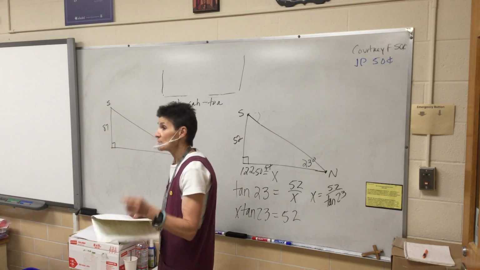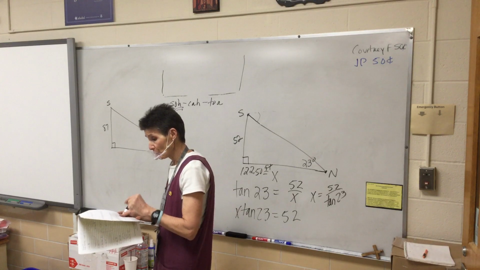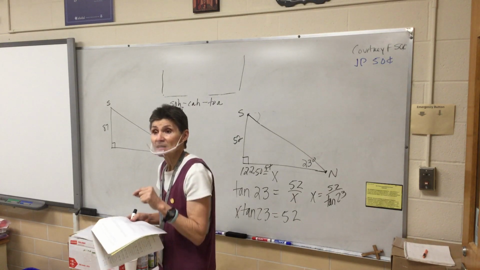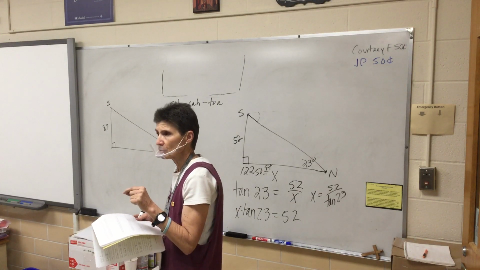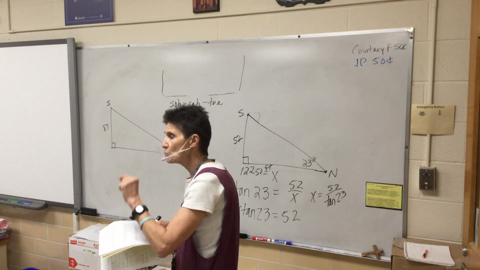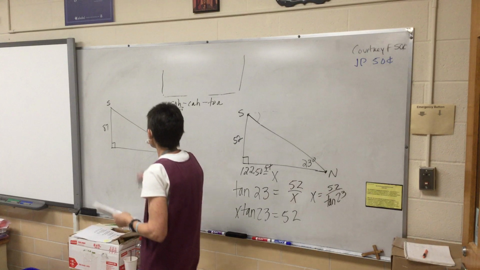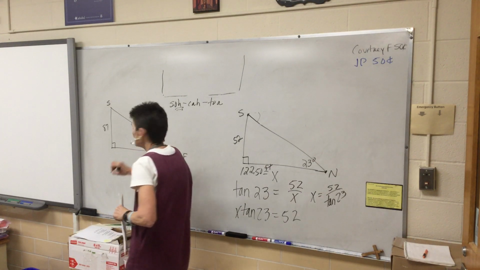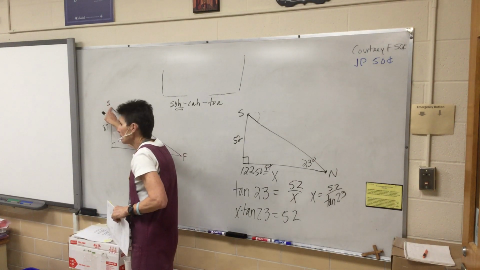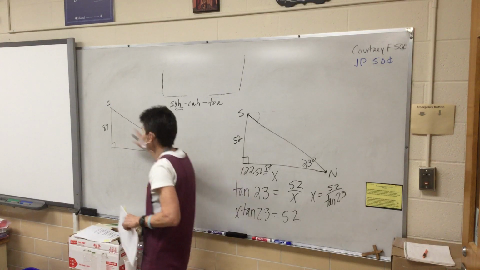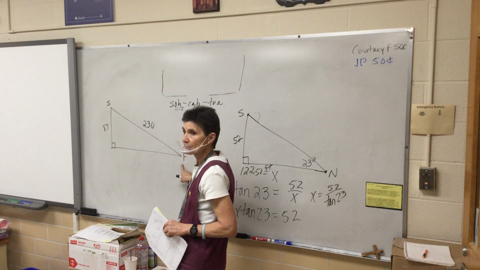The gull is 230 feet from the fish. Where does that 230 go? The seagull is 230 feet from the fish. Hypotenuse. Don't overthink it. There's the bird, there's the fish. That's the distance between them.